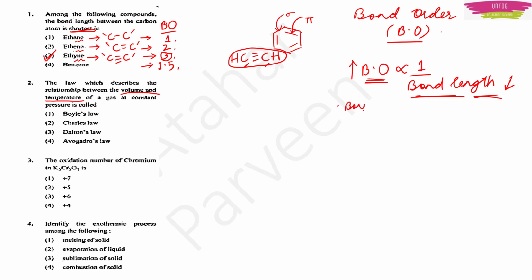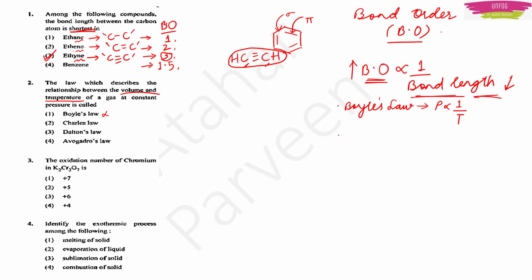We have Boyle's law. Boyle's law gives us the relationship between the pressure and volume of the gas. According to this, pressure is inversely proportional to volume, but we don't have temperature constant here. So Boyle's law cannot be the answer.